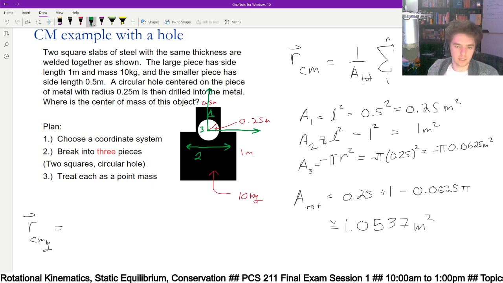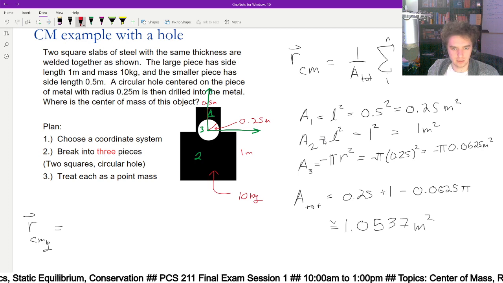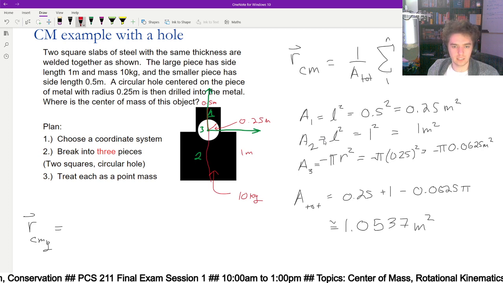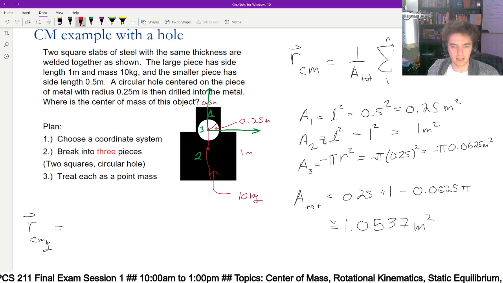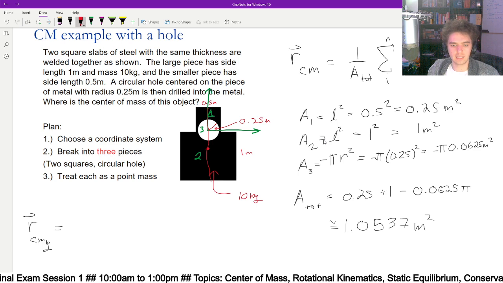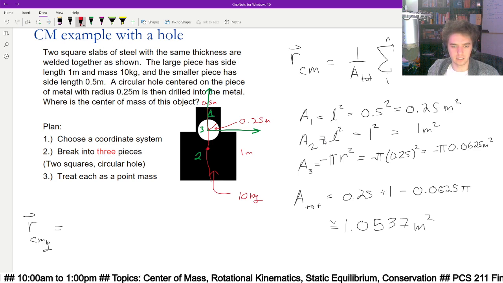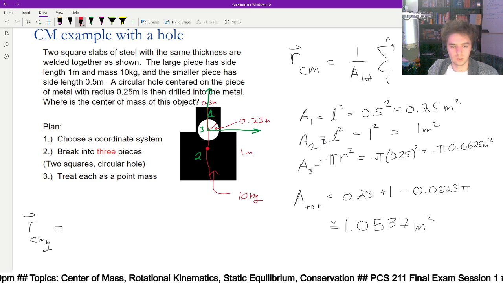Yeah, well, if you think of each half of this object as its own piece, the center of mass of this one and the center of mass of this one would land directly in the middle. If you imagine the left and right half, wherever the x component is, they'll definitely cancel. The net center of mass for the x value would be right in the middle.